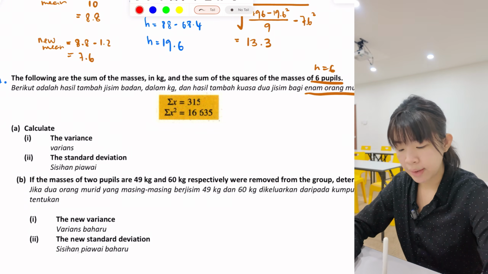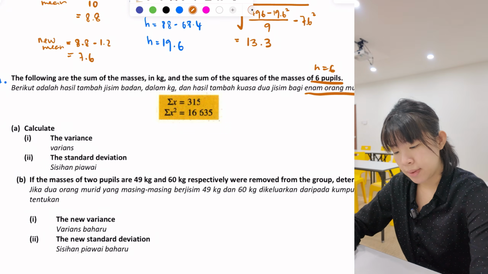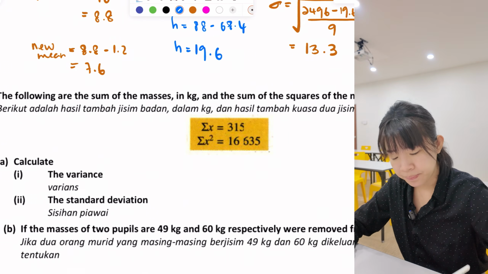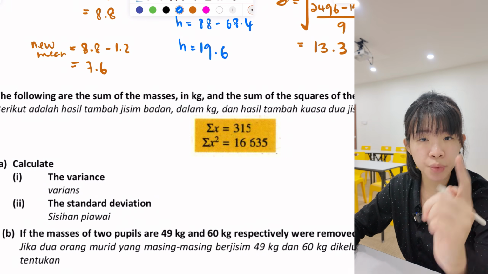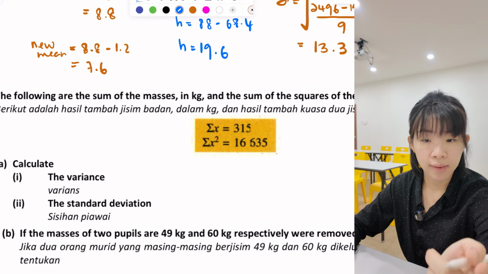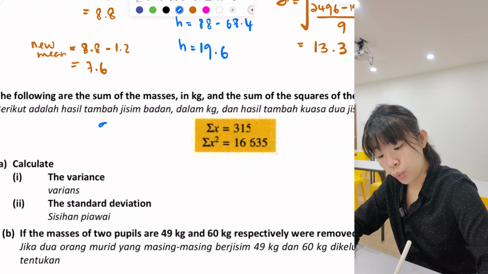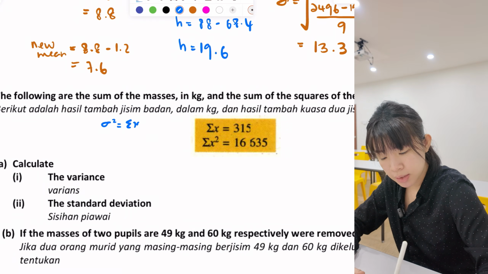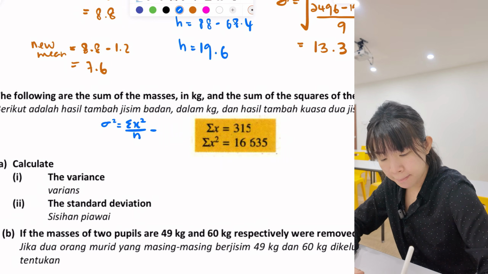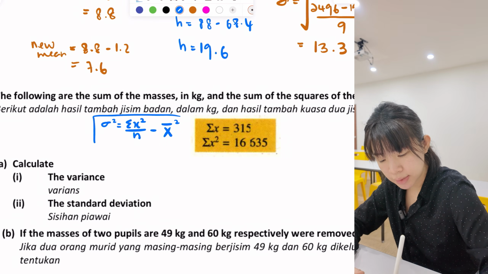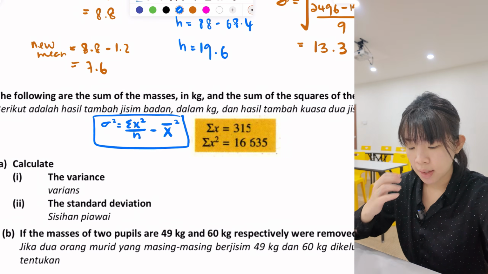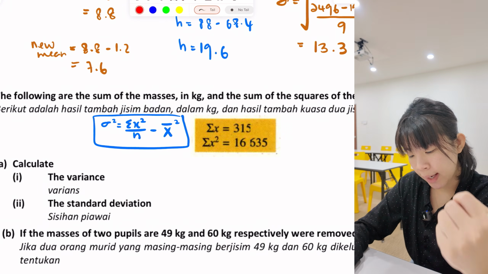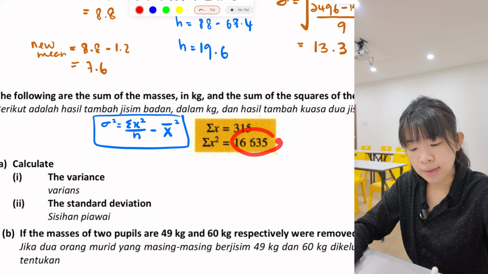Now we need to find variance. Remember the formula, write it one more time. Variance symbol, with square or without square? Variance symbol is with square: sum of x square divided by n minus mean square. So this is the formula of variance. Let's check. Sum of x squared, do we have it? Yes, 16,635.